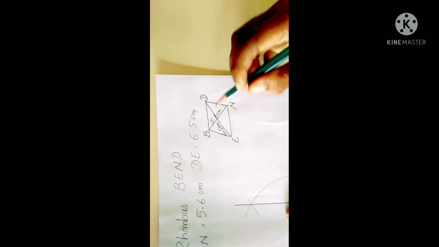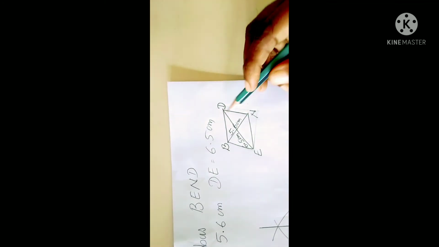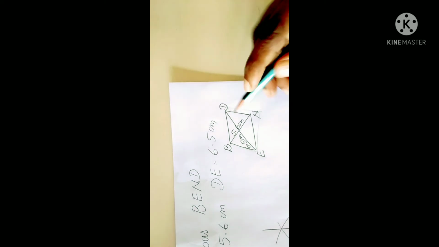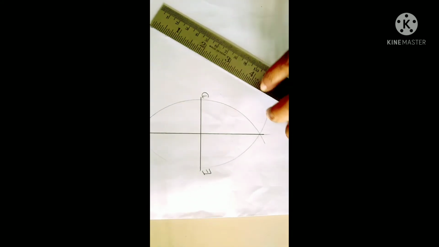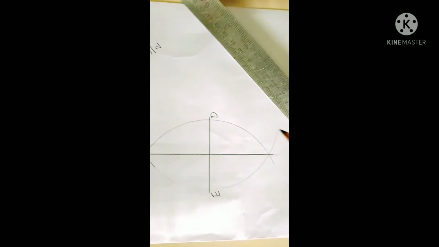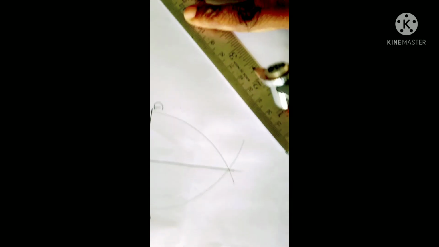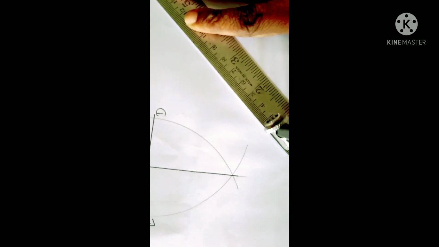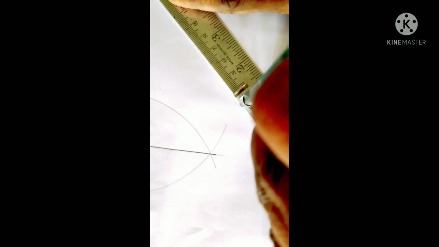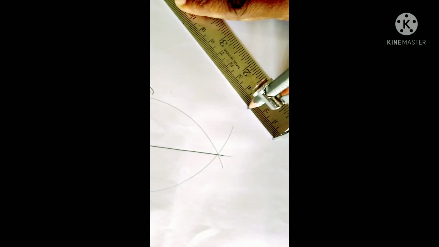Now, the diagonal is 5.6. This diagonal bisects at 5.6. So, each part will be equal to 5.6 upon 2. How much is 5.6 upon 2? It is 2.8. So, what we will do is on the scale, take 2.8 centimeter in the compass. 2.8 is only 2 small units away from 3.